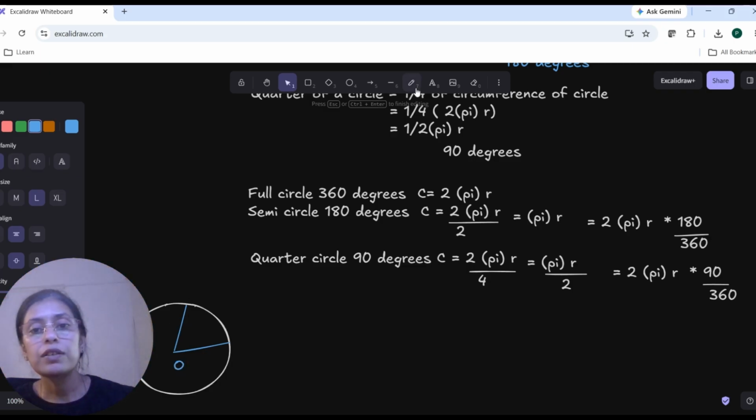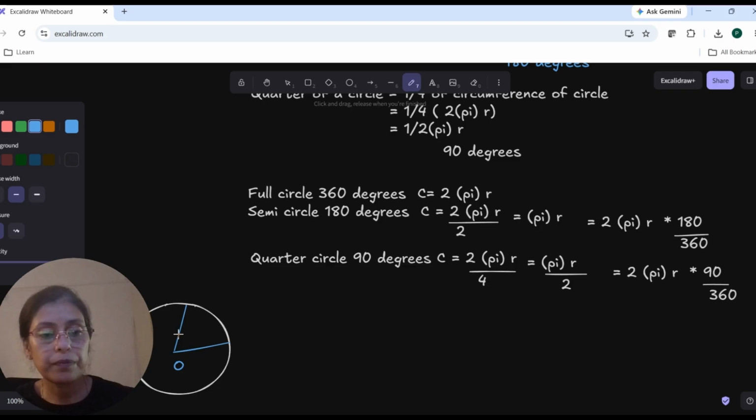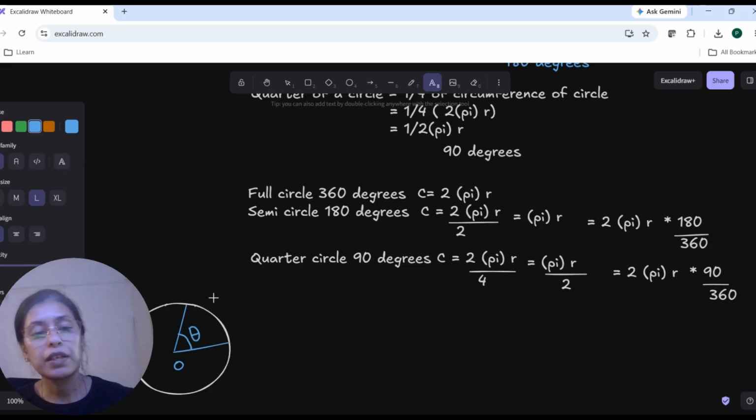Okay, and make this, we can assume it is angle theta. So this particular arc is making angle theta at the center. This arc AB is making angle theta at the center.